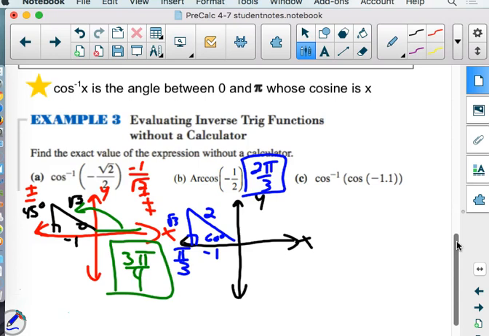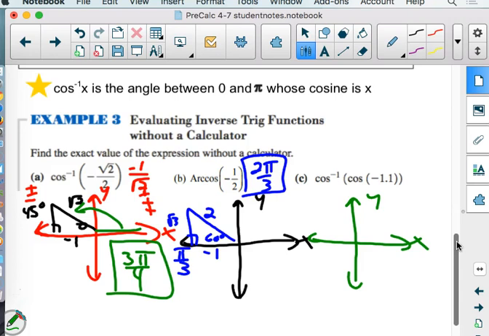Excellent. Alrighty. Inverse cosine of the cosine of negative 1.1. Huh. Let's do that without a calculator. Okay. Well, let's see. Negative 1.1. That's got to be readable, right? Because there's no angle there.